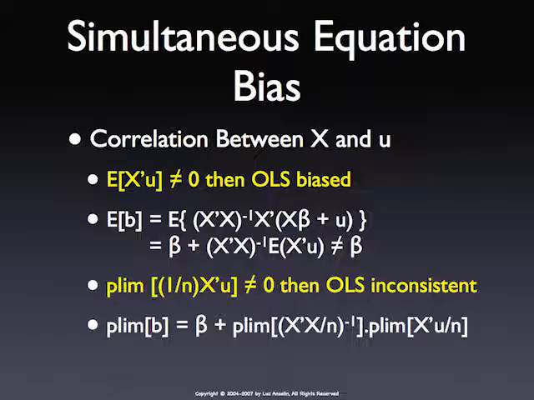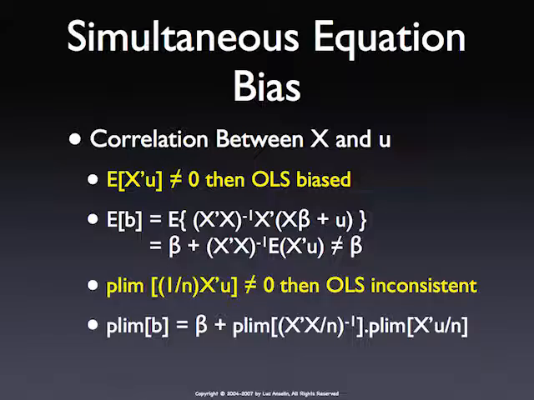There are two ways to consider this. One is finite sample, one is large sample. Finite sample deals with the expected value. Large sample deals again with this probability limit. And what we see is that the OLS estimator is biased and also inconsistent.